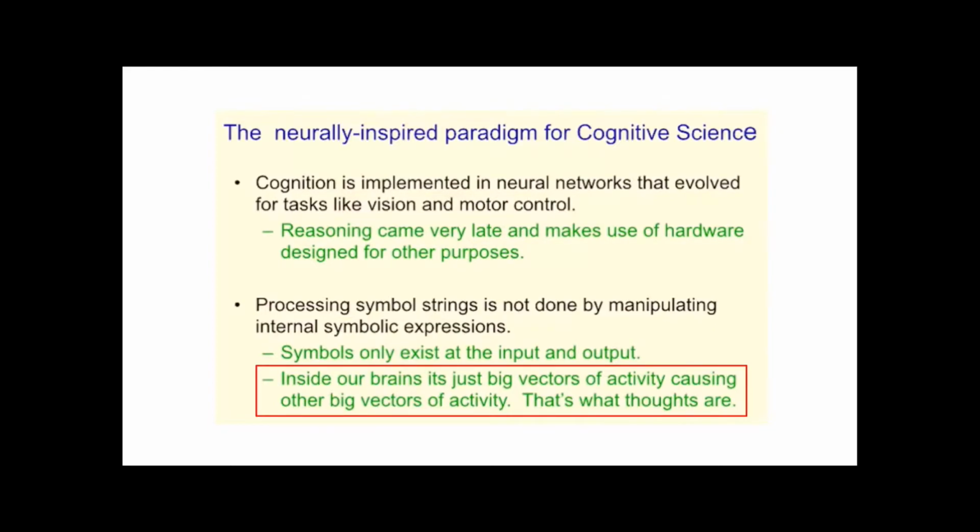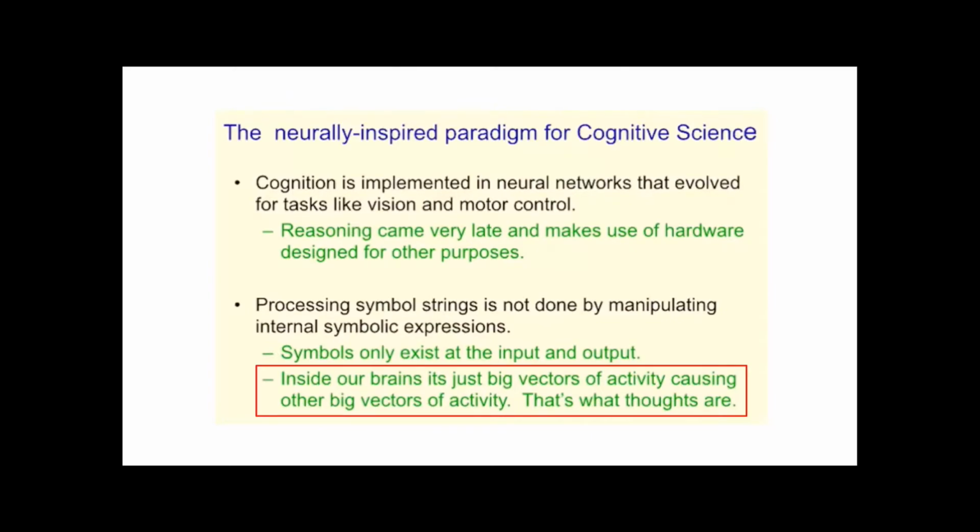So the neuron-inspired paradigm for cognitive science is that we implement neural networks for control of vision and motor control, for example. Reasoning came very late into the picture. Our brains are primarily designed to see and move about in the environment. Processing symbol strings is not done by manipulating internal symbolic expressions.